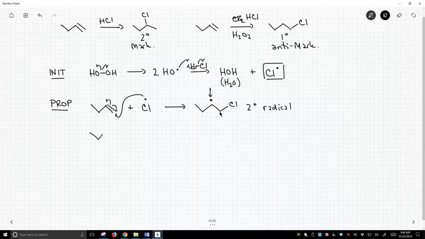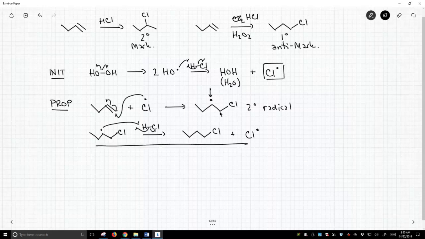In our second propagation step, we're going to take this radical that we just formed, and this is going to react with HCl, and that HCl is going to give us the CH that we needed, and as a result, we're going to reform our radical.